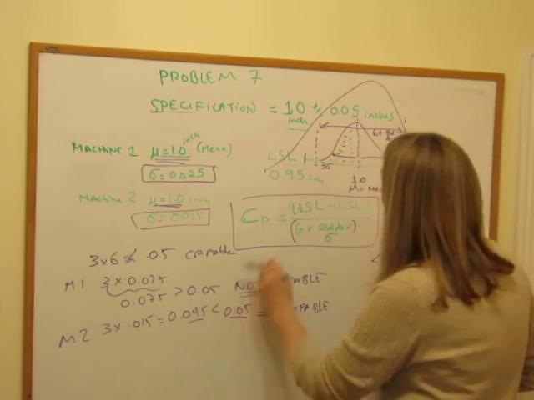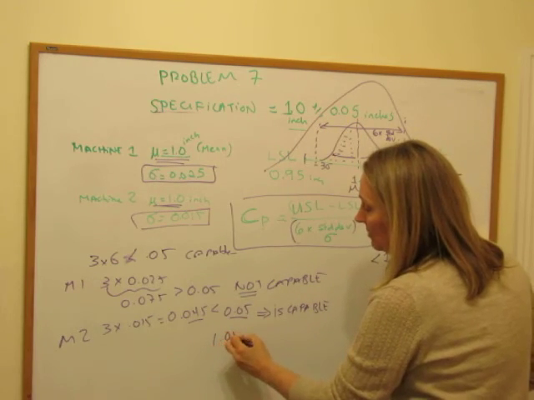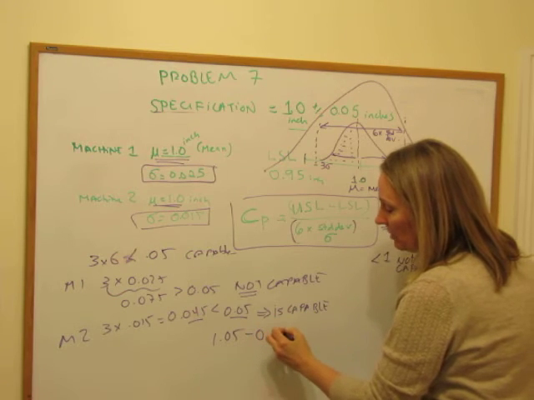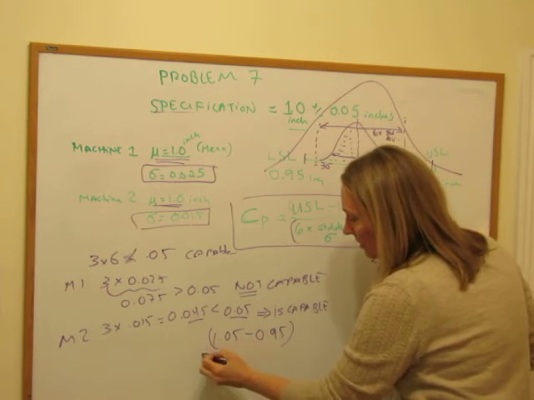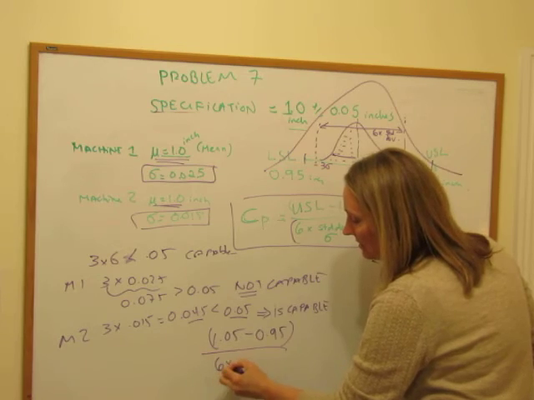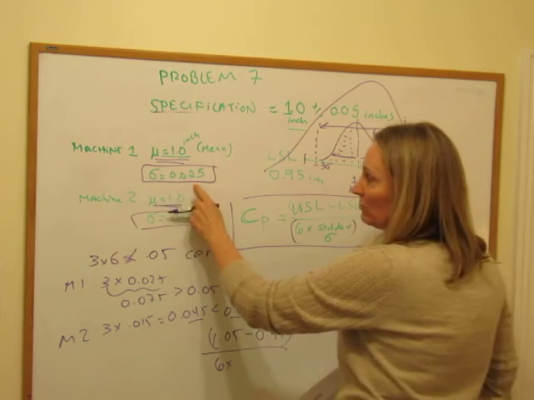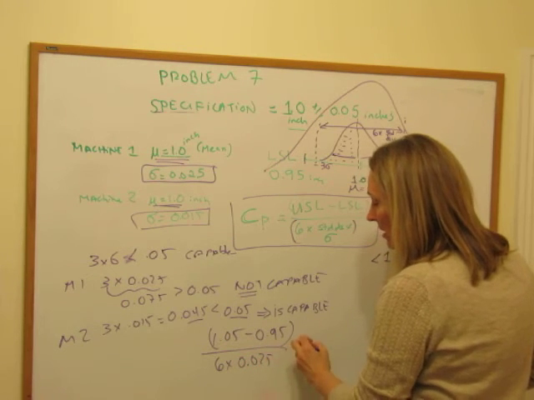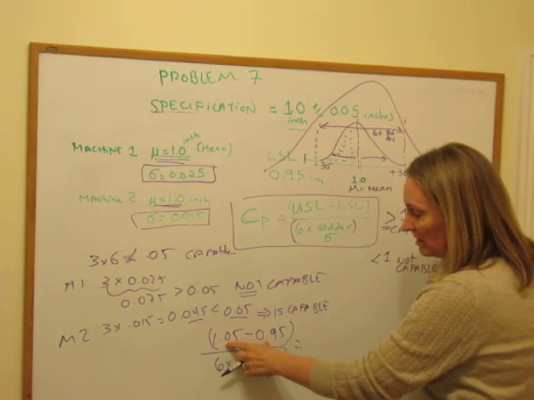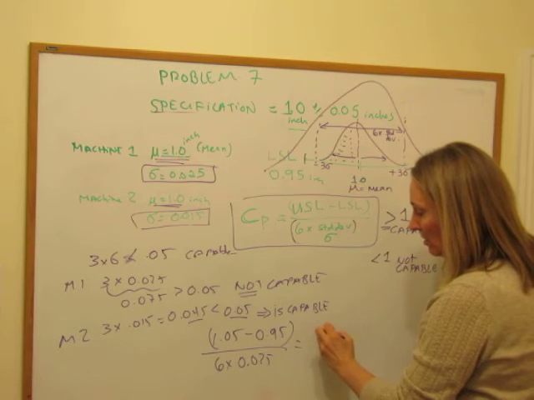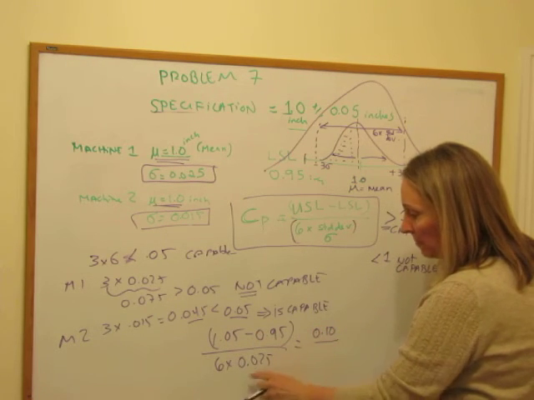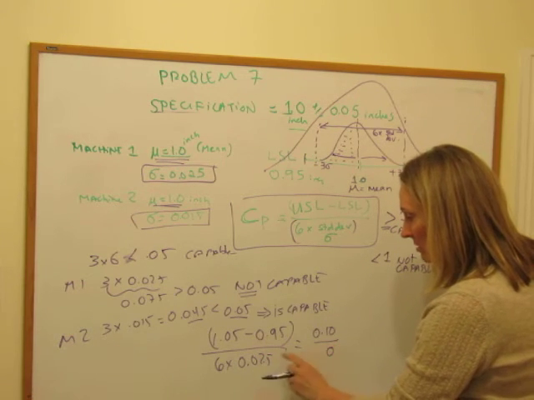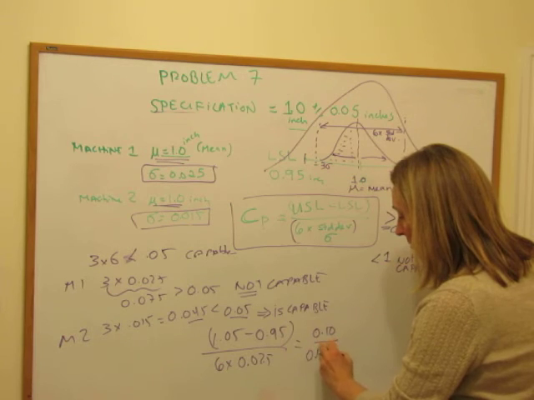So the upper specification limit is 1.05 and the lower specification limit is 0.95. And we divide that by 6 times the standard deviation. So for machine 1, it's 6 times 0.025. And if we were to do this out, this difference here is 0.10, and 6 times 0.025 is equal to 0.150.